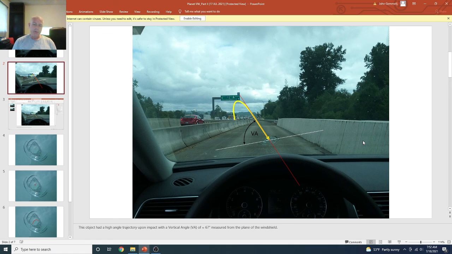And from that we also get the plane of the glass as it struck, and then we measure the angle between the plane of the glass where it struck and the arc of the object as it struck the windshield upon approach.